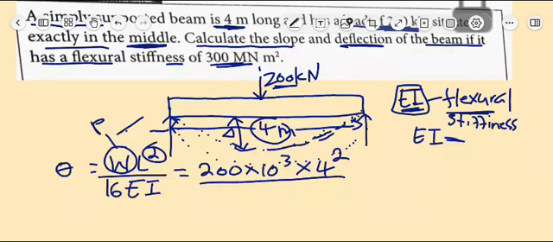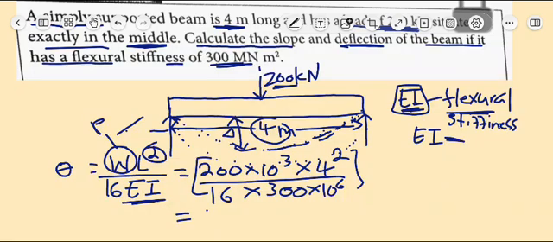Then we divide this by 16 multiplied by 300 times 10 to the power of 6, since it's in mega. When we punch this in, we obtain 0.889. Oh, this is an angle, by the way. My bad.